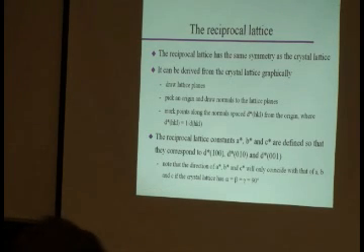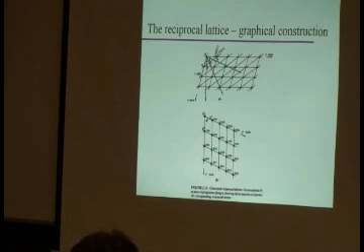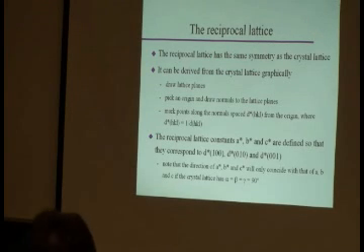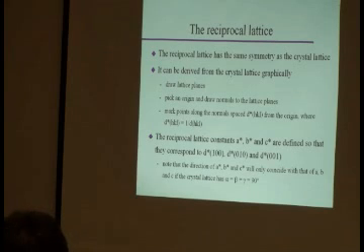So, this new beast, the reciprocal lattice, what is it like? Well, first of all, it has the same symmetry as the crystal lattice. So if you have a cubic crystal, your reciprocal lattice is going to look cubic. That's pretty useful, isn't it?